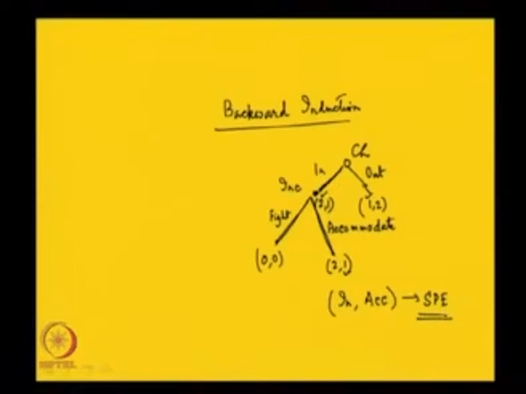But before we go into that, let me tell you the rule of thumb, the way of applying this backward induction method. What we do is that we start with subgames of length 1.